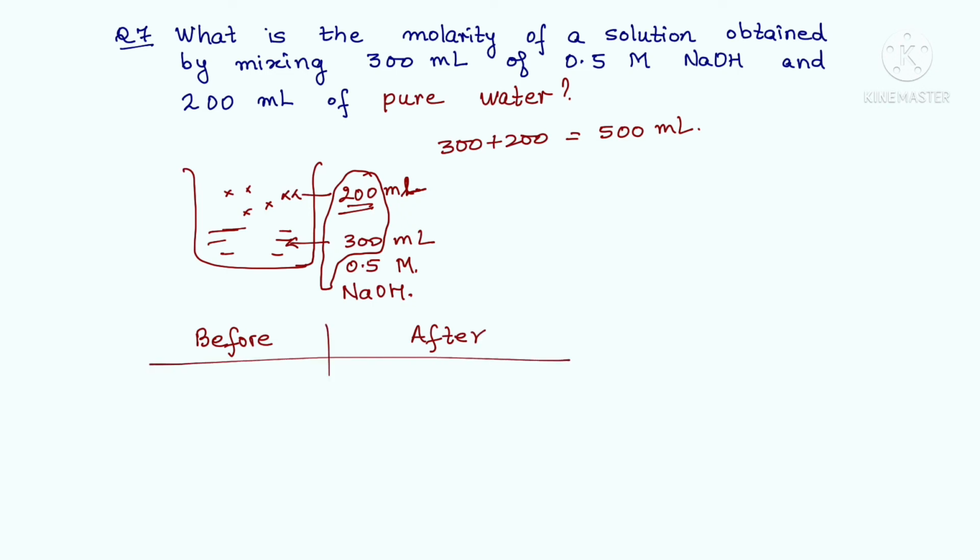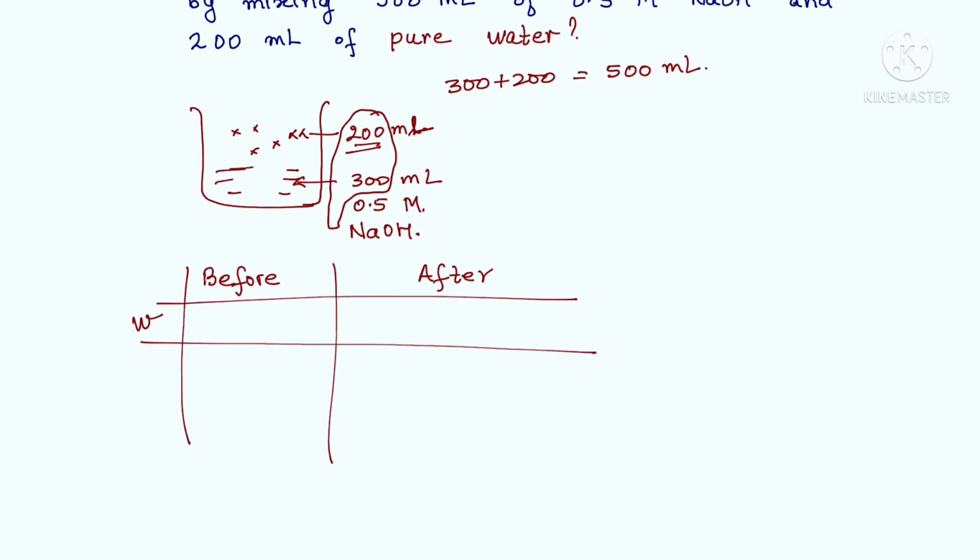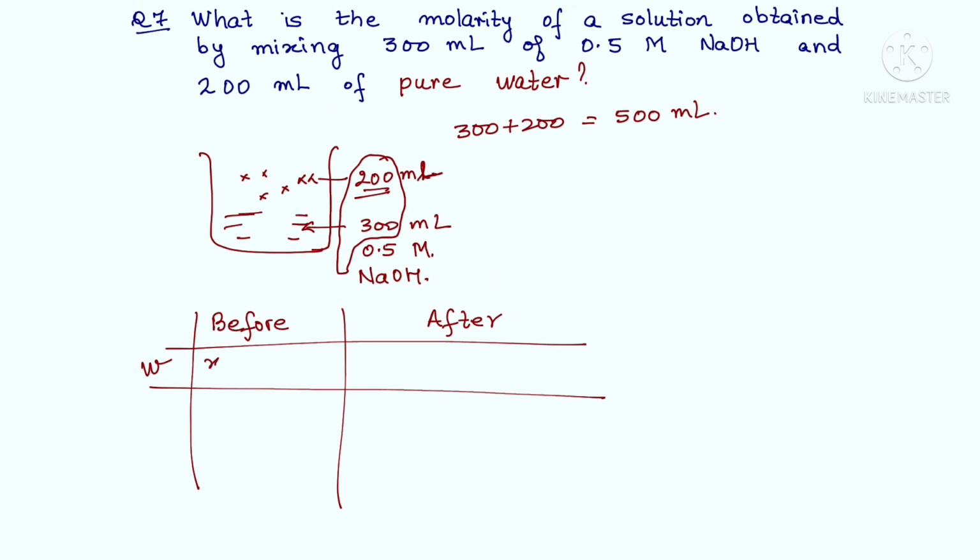I don't know the weight of the solute, so let's say it's X only. And even after adding water, the weight of the solute still remains X. What about the molar mass? I've got NaOH over here, and I'm going to take it as mm after.